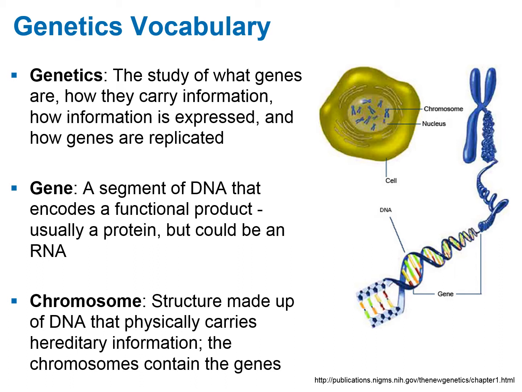Genes are carried on chromosomes. Chromosomes are structures that are made up of deoxyribonucleic acid, or DNA. And it's the DNA of an organism that physically carries the hereditary information. So if you look at this figure here, you can see what I mean. This end of the molecule shows you the DNA.